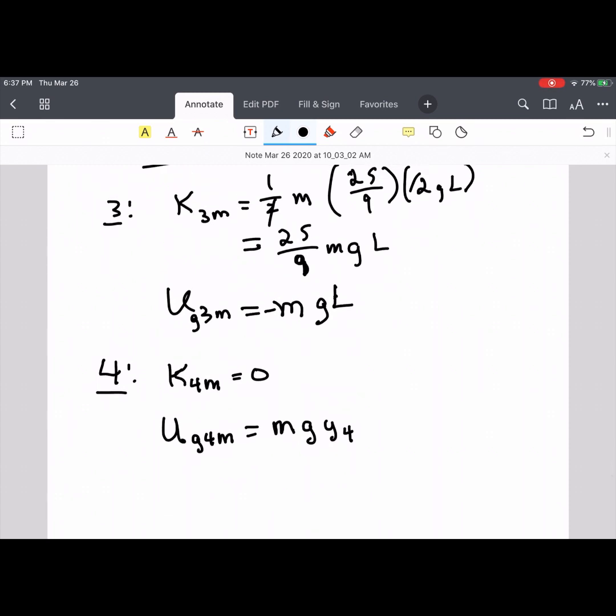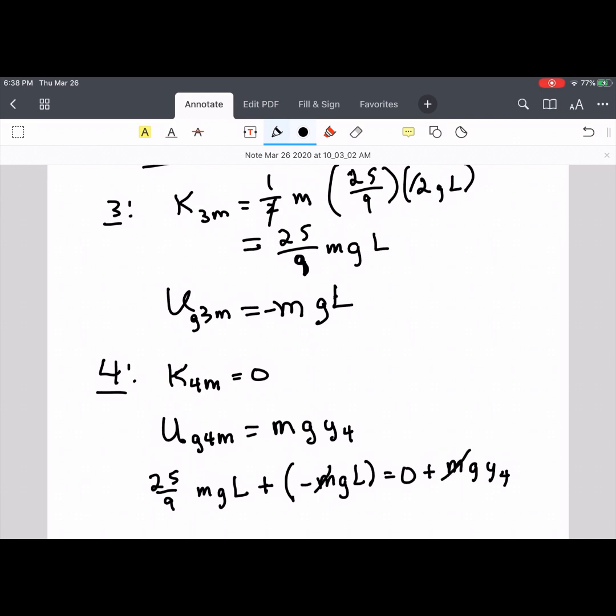So initially, my total energy was kinetic, 25/9 mgL, plus gravitational, negative mgL, and that's equal to my final energy. So kinetic is 0, plus gravitational potential is mgy4. And notice there's a little bit of magic here again.